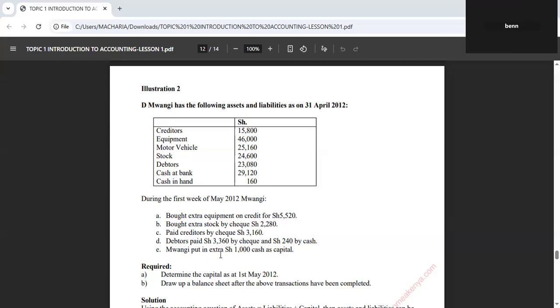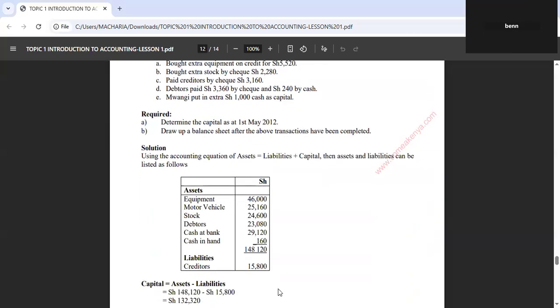Mwangi put in extra 1,000 cash as capital. Capital will increase and cash will also increase. You are bringing money, cash increases, capital will also increase. So that is the computation there. So here you have the total assets. You have the creditors.